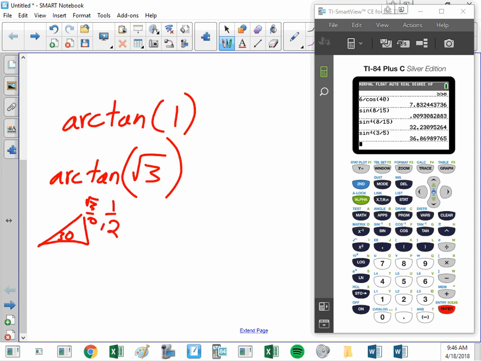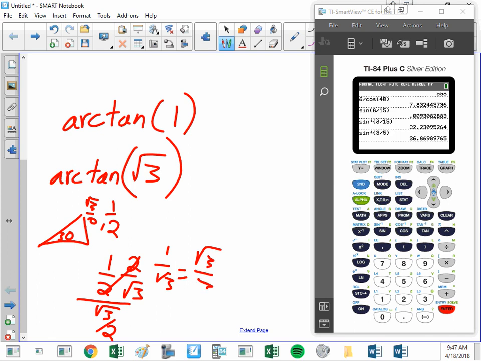And how do you find the tangent? It's y over x. So 1/2 divided by root 3 over 2. Flip that upside down and I get 2 over root 3. 1 over root 3, so that's root 3 over 3. That's not what I wanted. Oh, I did pi over 6. I'm sorry. You were right.